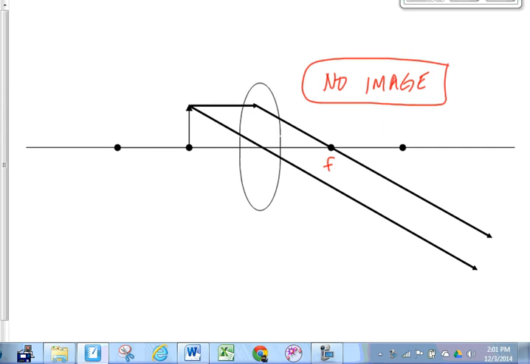You might be able to guess, based on some semblance of a pattern here, what the next one's going to look like. We went from small upside down to bigger upside down to even bigger upside down. Then we have no image. Anybody want to guess what the next one's going to look like before we draw it?